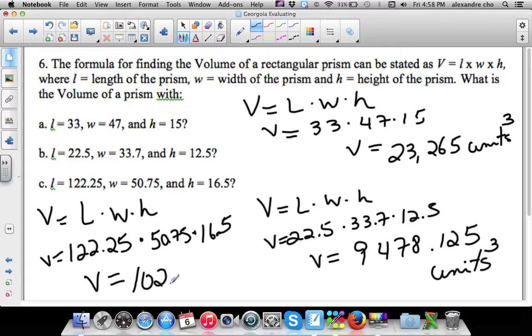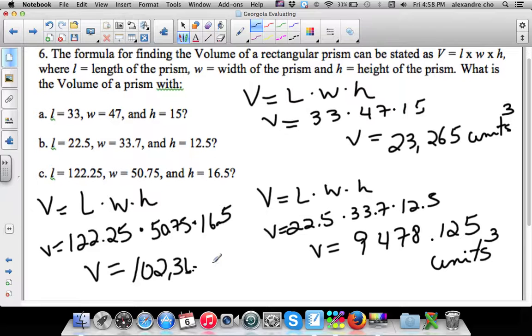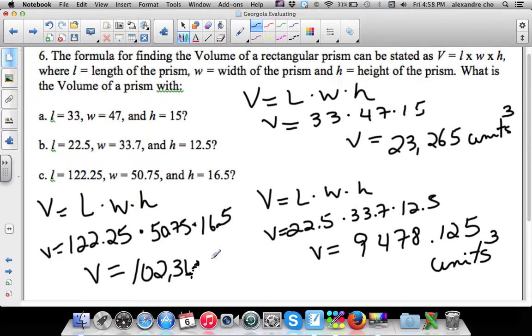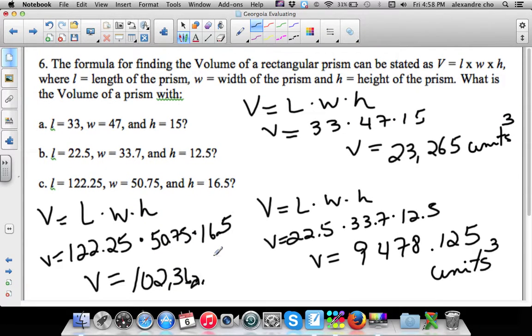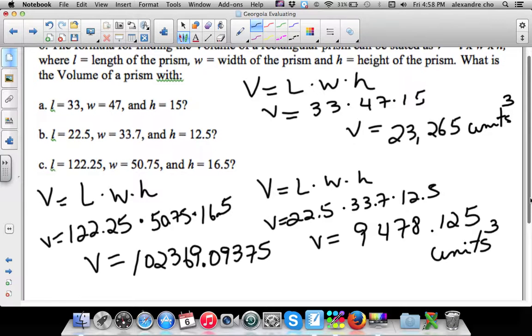Wow, okay, that came out really ugly. Alright, so let me try this again. So the answer is going to be 102,369.09375. And in all honesty, you probably would have to round this to the nearest hundredth on the test.